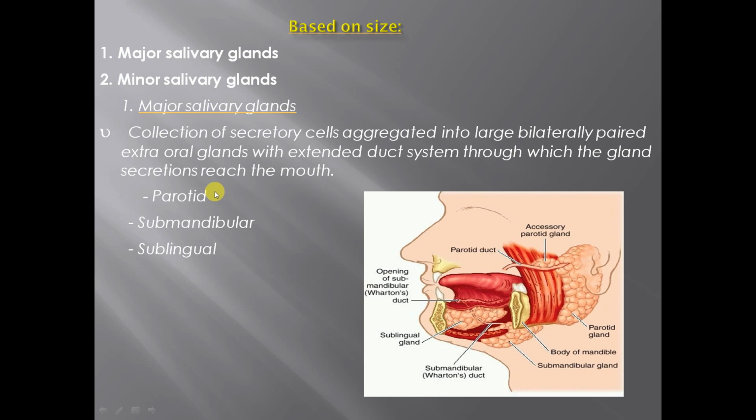The major salivary glands are the parotid gland, the submandibular gland and the sublingual gland.